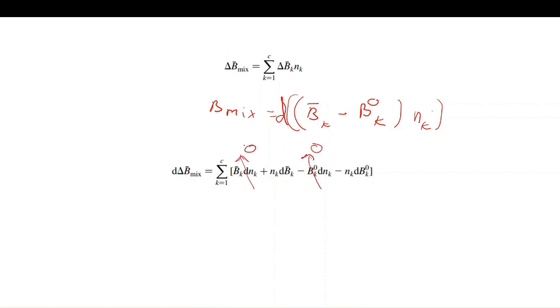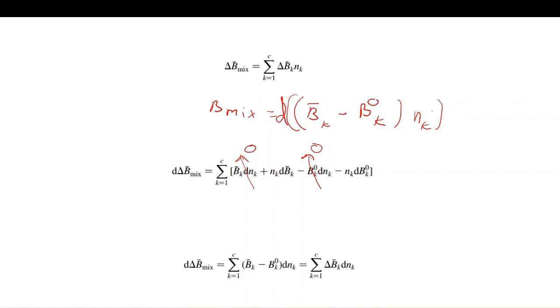Now if I differentiate this, I obtain this. Here the number of moles of the species will be constant, represented by N K, so this term and this term go to 0, as there is no difference in moles.